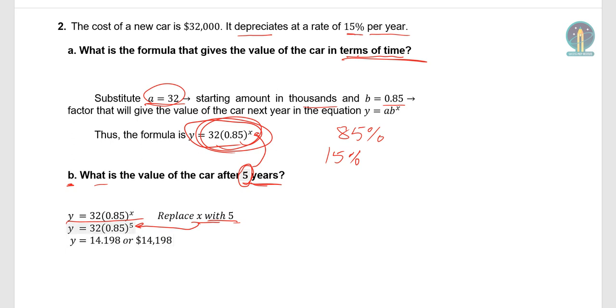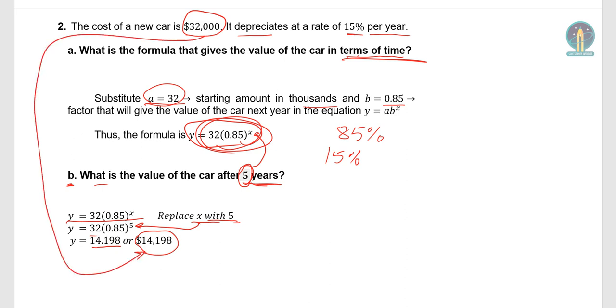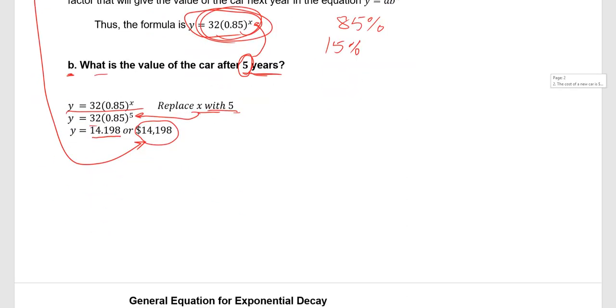So 0.85 to the 5th power, and then multiply by 32, you get 14.198. But remember, this has to be in thousands, so this is essentially $14,198. So from $32,000, 5 years later, the car became worth $14,198.